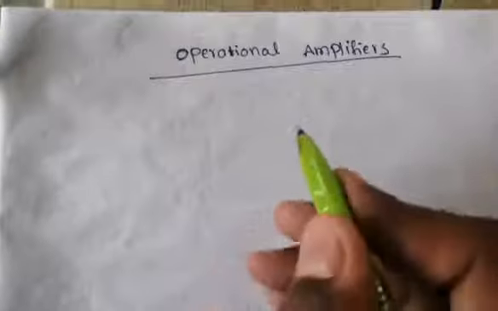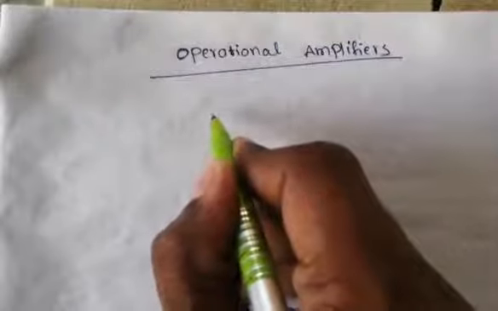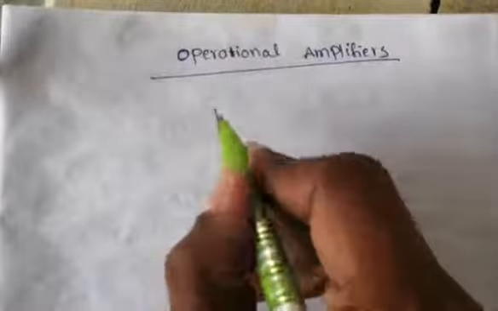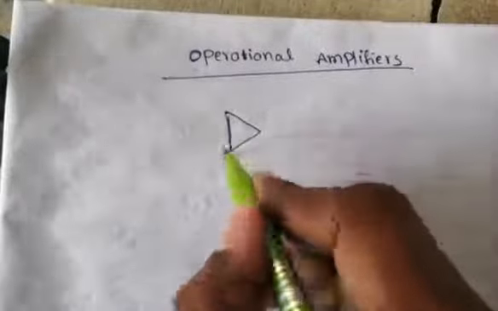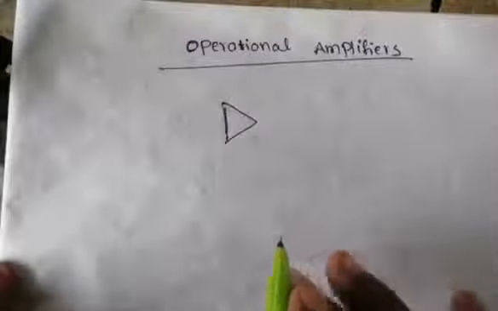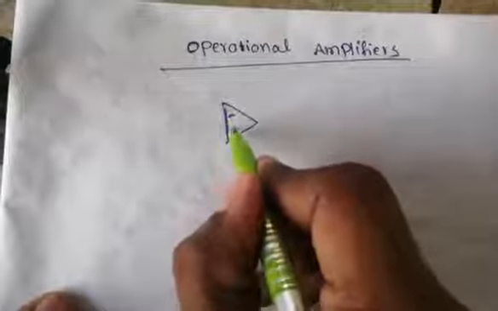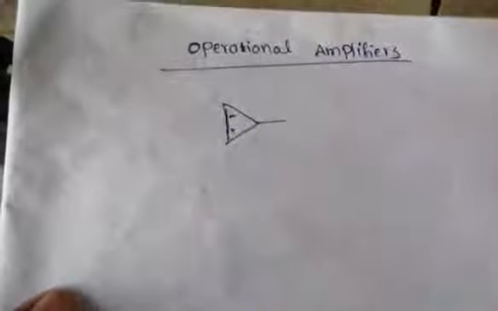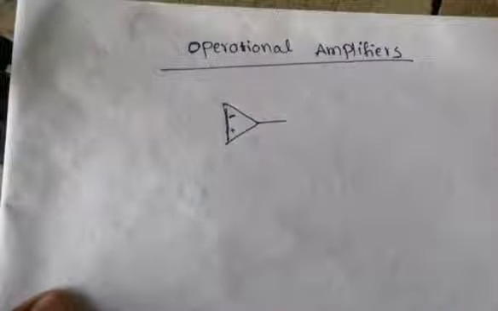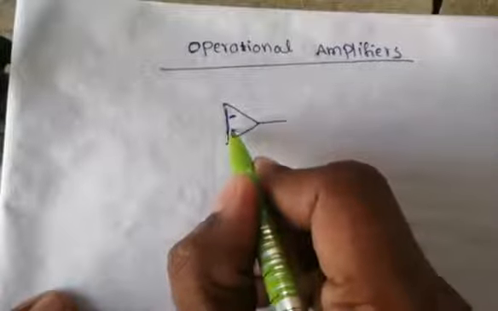So now in these basics we will first discuss the symbol, how the operational amplifier symbol will appear. The operational amplifier has a triangle symbol. It has two inputs and one output. The two inputs are one with a minus symbol and the other with a plus symbol.